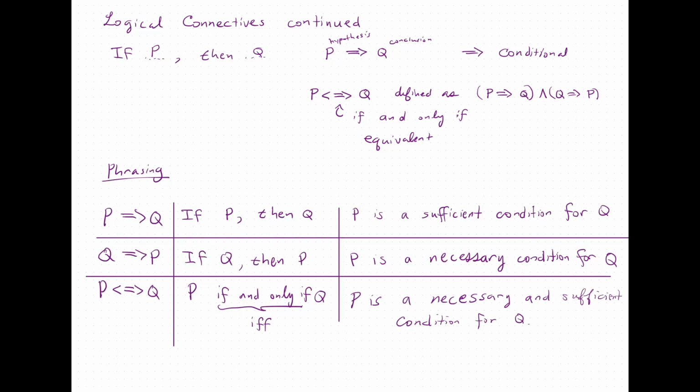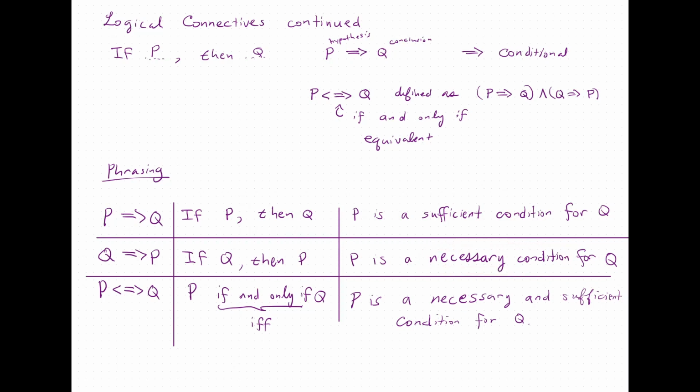So we have P implies Q is our if P, then Q. We can also say that as P is a sufficient condition for Q, since if we have P, then we get Q. If we were to now have Q implies P, of course this is our if Q then P, but we can also say this in a different way, where now we say P is a necessary condition for Q.